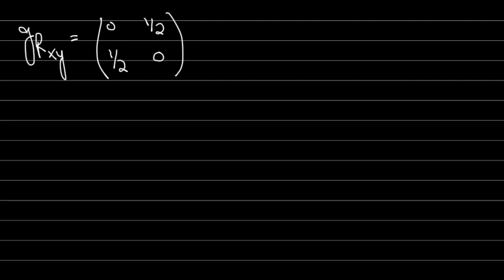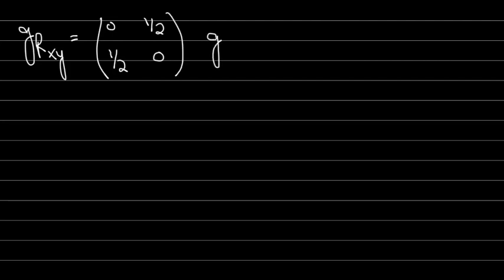So if we play a bit around with the algebra, we get the 2-dimensional matrices that are going to work for our question, and these 2-dimensional matrices are: G_RXY is equal to 0, 1 half, 1 half, 0, right? This is one of them.